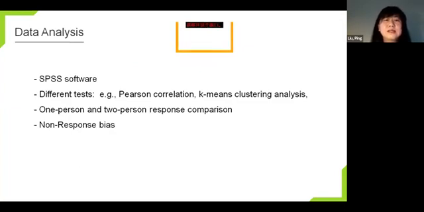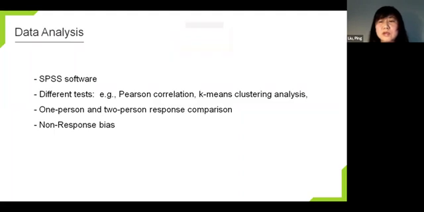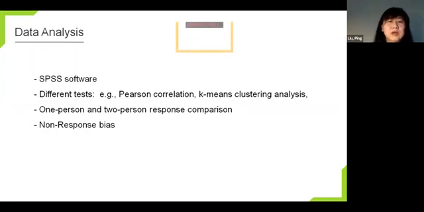The data analysis used SPSS software and different tests, for example, Pearson correlation and k-means clustering analysis. In the results section, we will have more explanation on this. And we also compared 1-person and 2-person responses in order to make sure that there's no significant difference between the two.